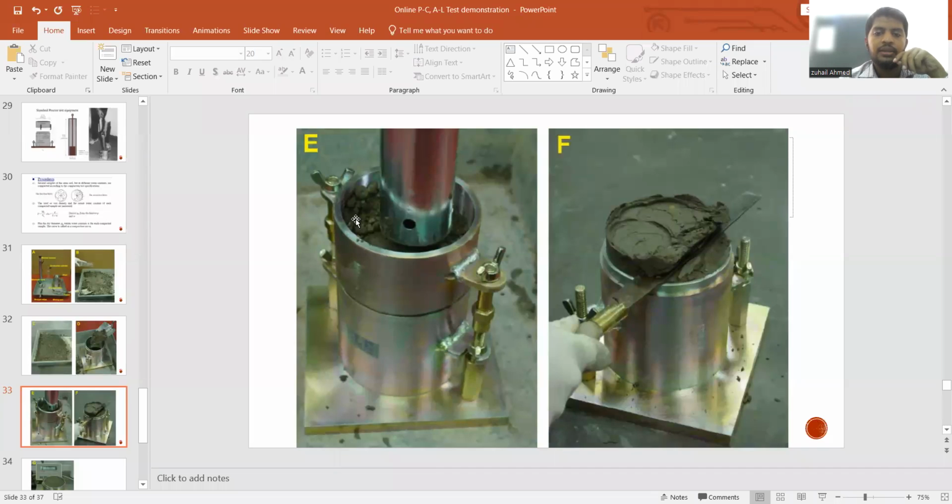After applying the load, you remove the collar and cut the sample level like this.